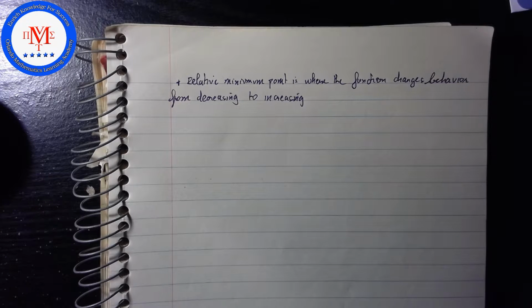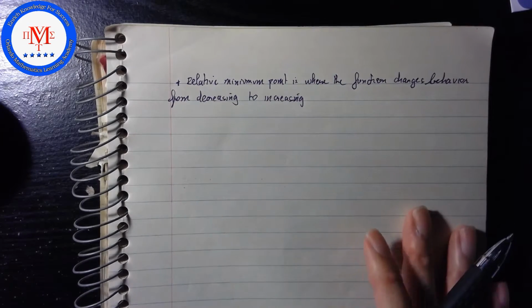So what I mean is, for example, if a function has a relative maximum at point A, then you take a small open interval containing A, then f of x is always less than or equal to f of A, for all x values.